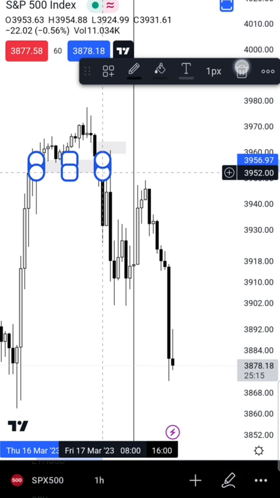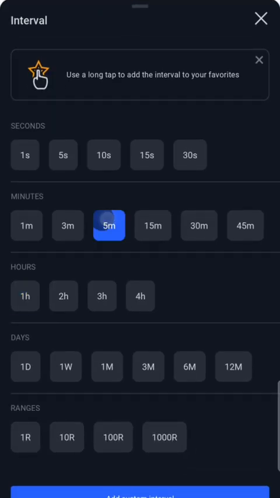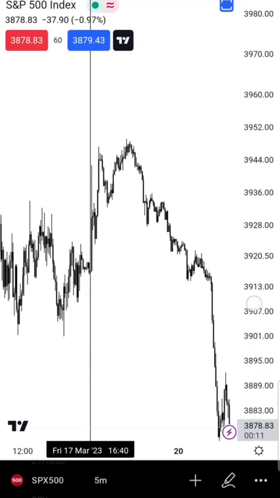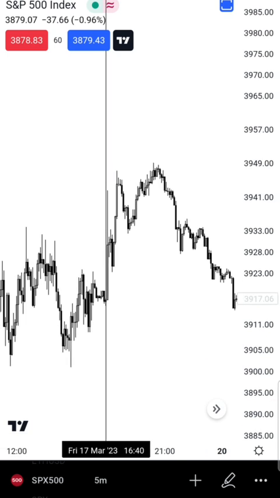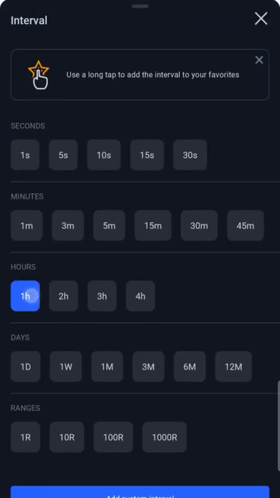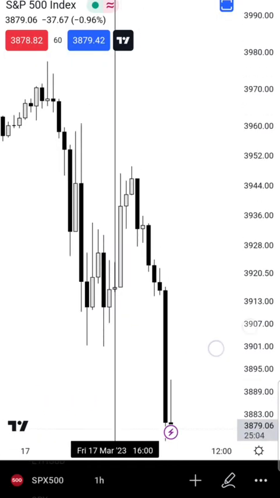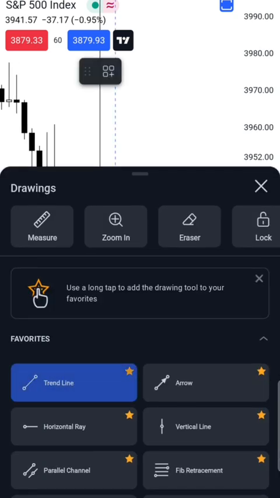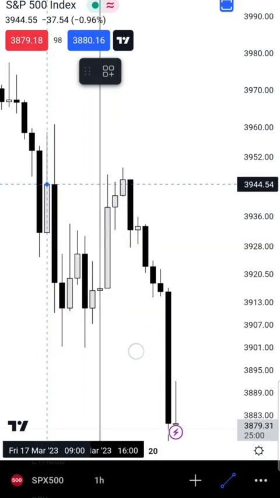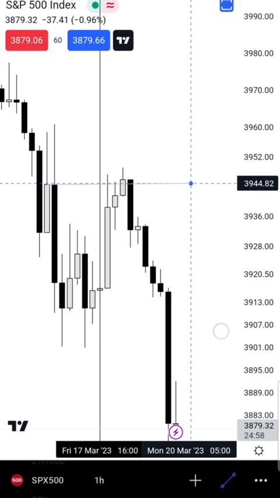On the 5-minute chart, we see a rally into a higher time frame PD array, which is this rejection block right here.